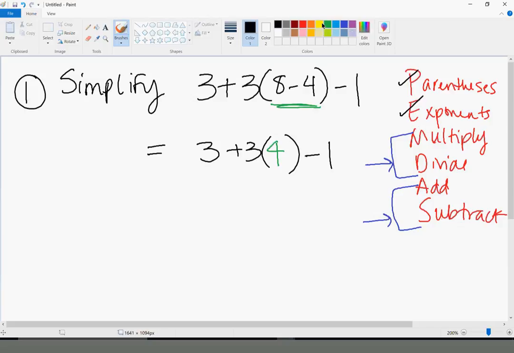We do have some multiplication right here: 3 times 4. 3 times 4 is 12. So now we're going to bring down everything else. Now we've taken care of any multiplication and division, so we want to check for addition or subtraction, and we do whichever we see first from left to right.